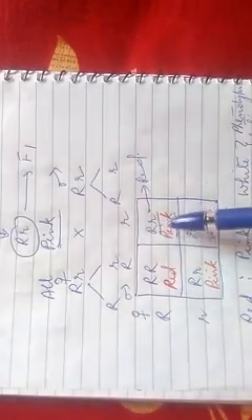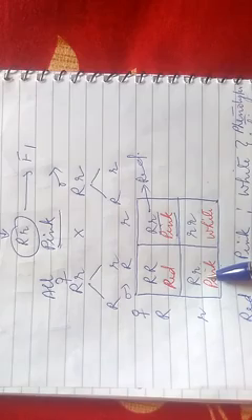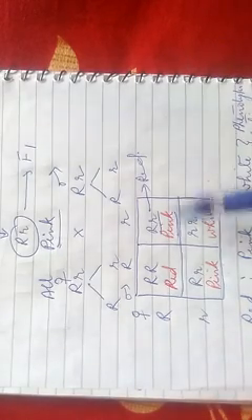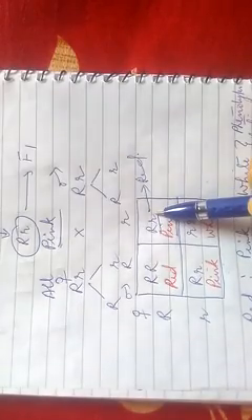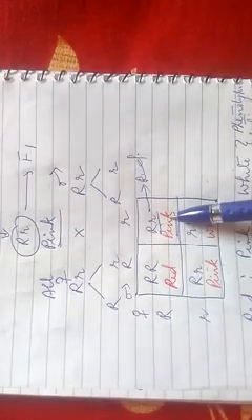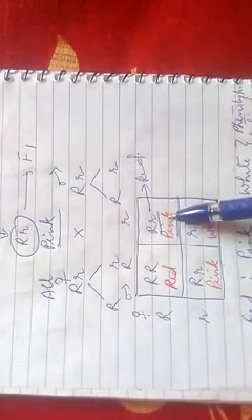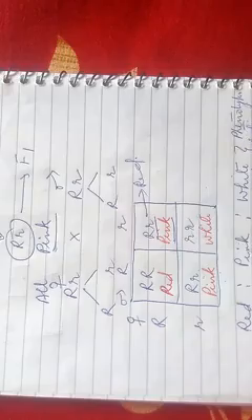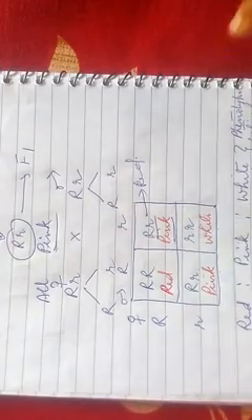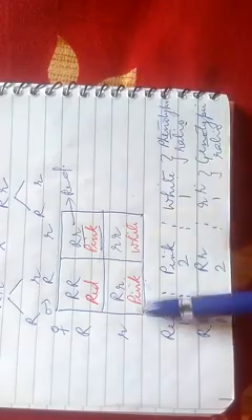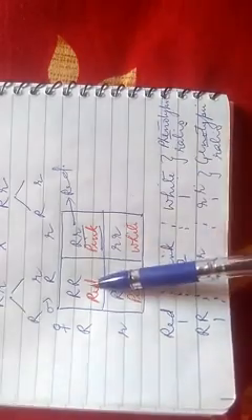But wherever it is in heterozygous state, in hybrid condition, wherever two different alleles are coming together, in this case instead of red, they are producing pink flowers. And in the homozygous recessive condition, the expression is white. So how many types of phenotype have we got? Three different phenotypes: red, pink, white.